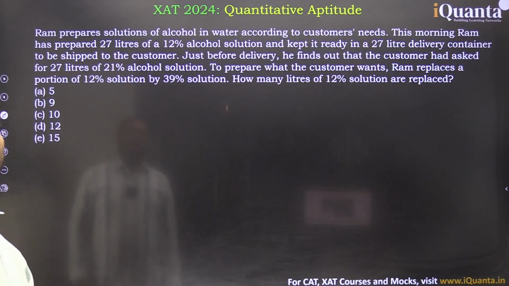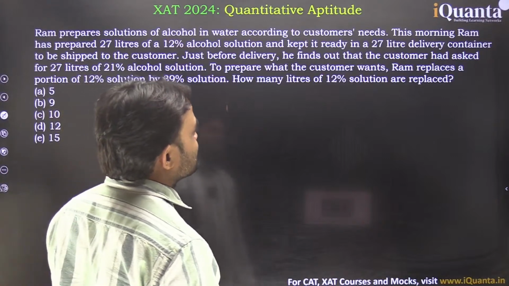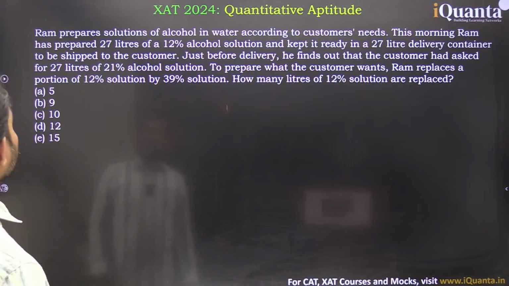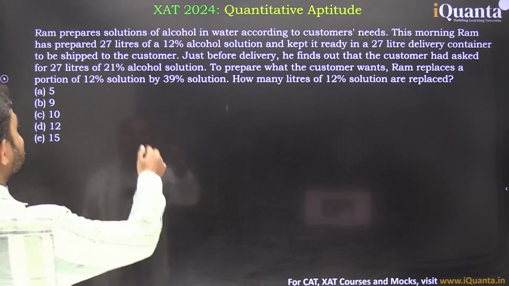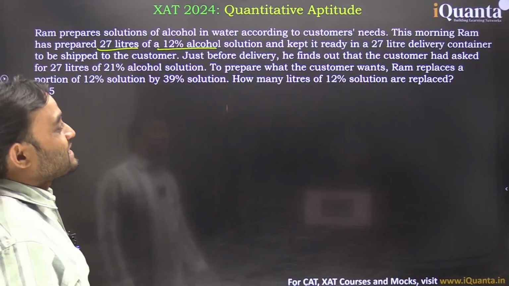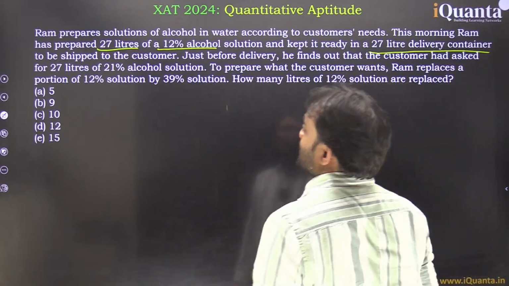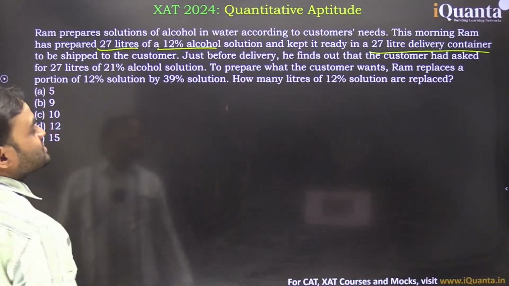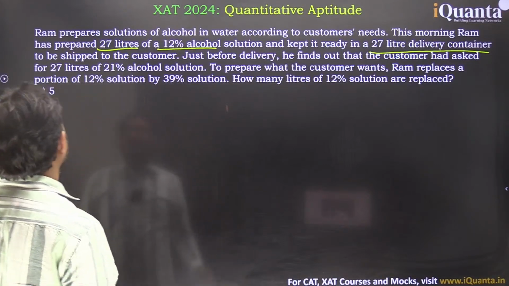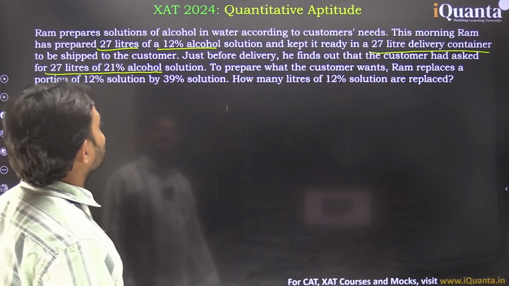It says Ram prepares solutions of alcohol in water according to customers' needs. Very good. This morning Ram has prepared 27 liters of 12% alcohol solution and kept it ready in a 27-liter delivery container to be shipped to the customer. Just before delivery, he finds out that the customer had asked for 27 liters of 21% alcohol solution.